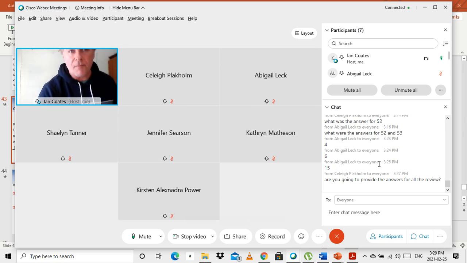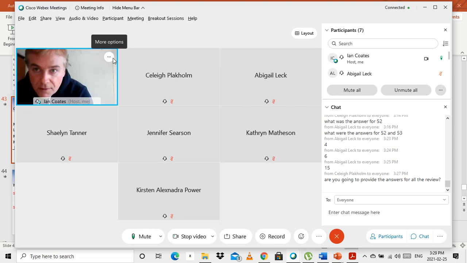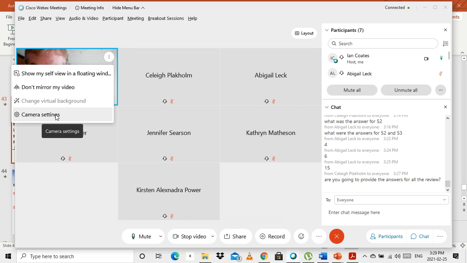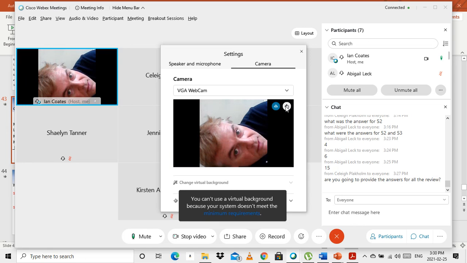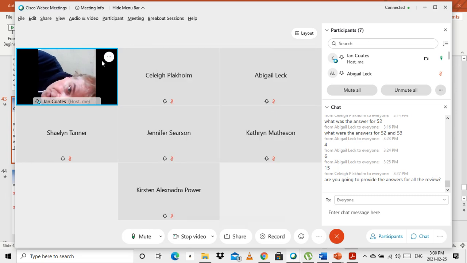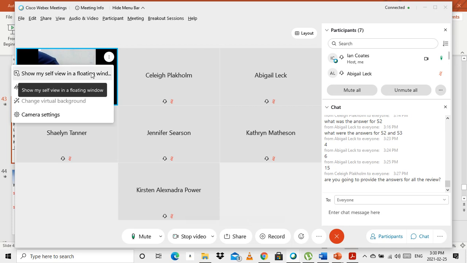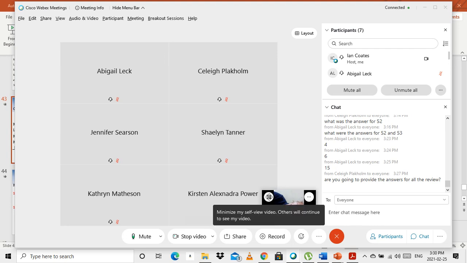Camera settings mirror my video. No. Camera settings. Oh man, I hope this works out. Rats. I don't know how to get... No, I didn't want that.